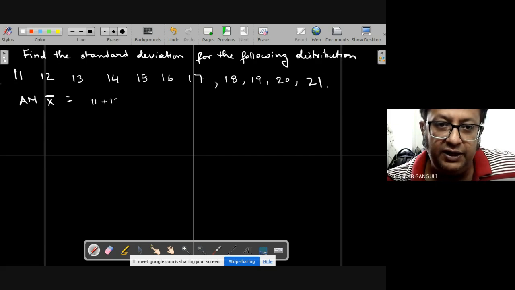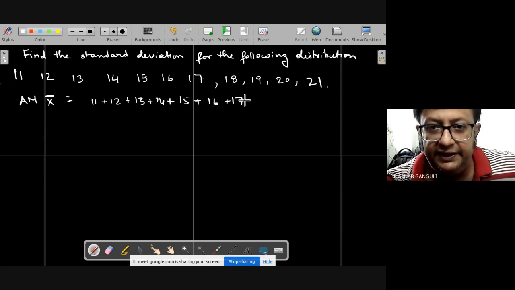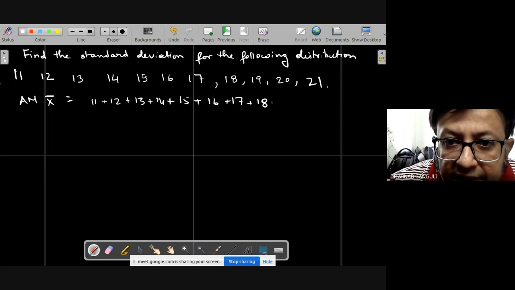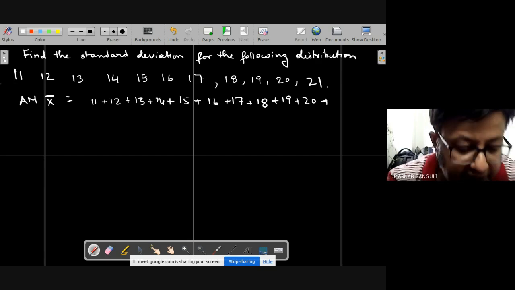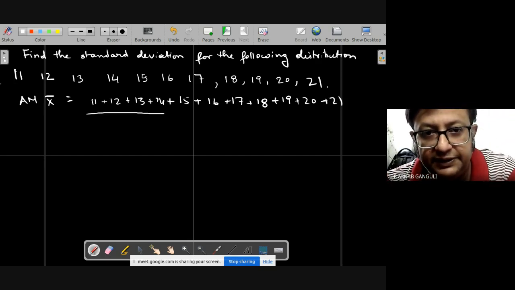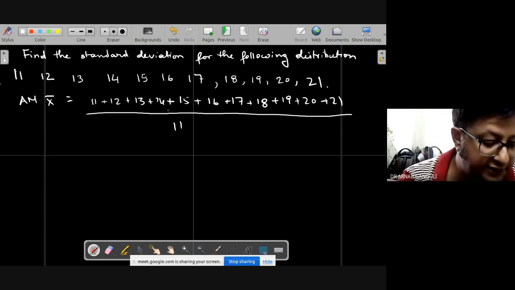11 plus 12 plus 13 plus 14 plus 15 plus 16 plus 17 plus 18 plus 19 plus 20 plus 21 divided by total 11 observations. 11 is 1, 2, 3, 4, 5, 6, 7, 8, 9, 10, 11 observations.